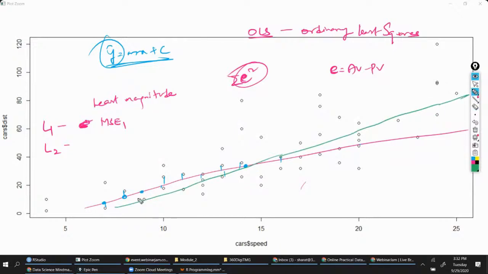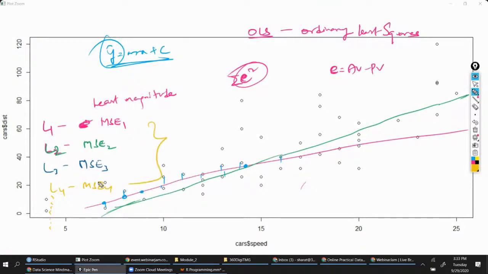From this line also we measure the distances, right? So this is line 2 and we get MSE 2. Then we take line 3, MSE 3. Then line 4, MSE 4, and so on and so forth.